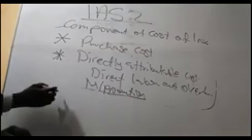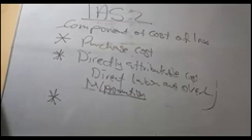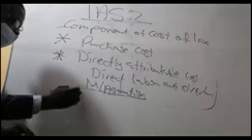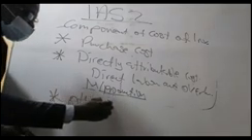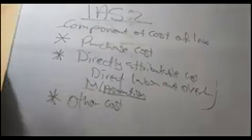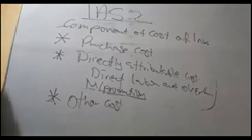Then the last one is any other cost. Any other cost you incur necessary to bring the asset to its present condition or location, to make the asset ready for its intended sale. Maybe you are selling tilapia.